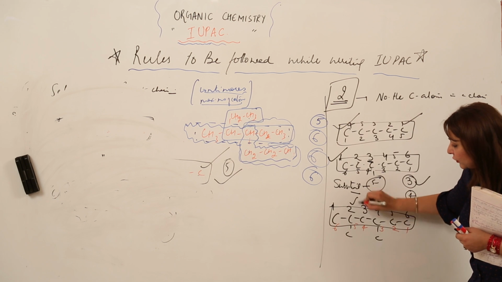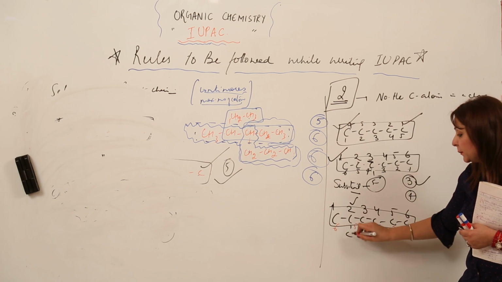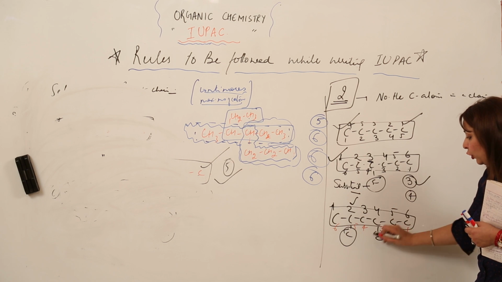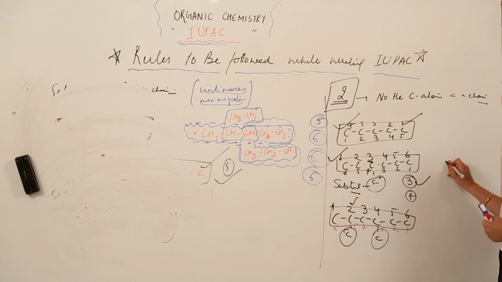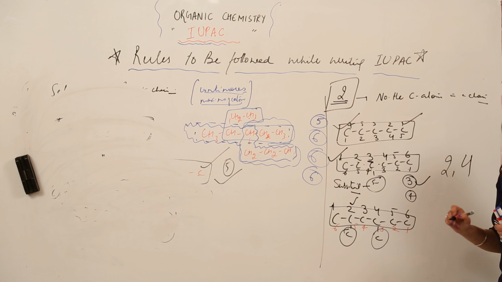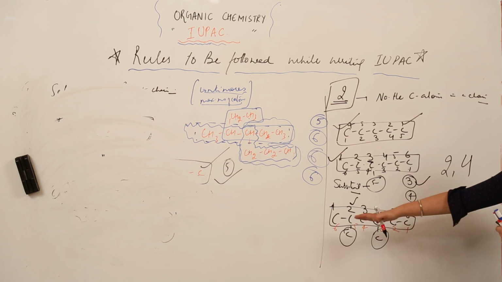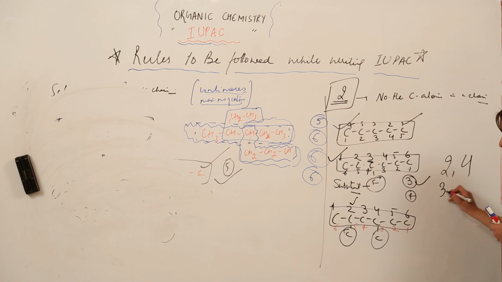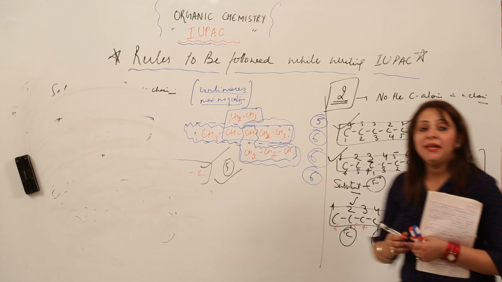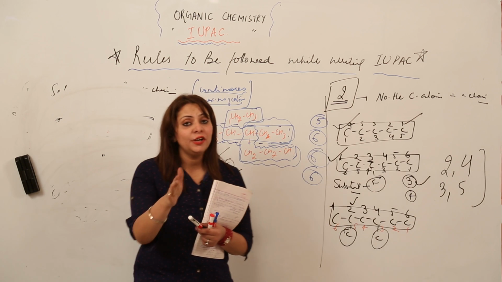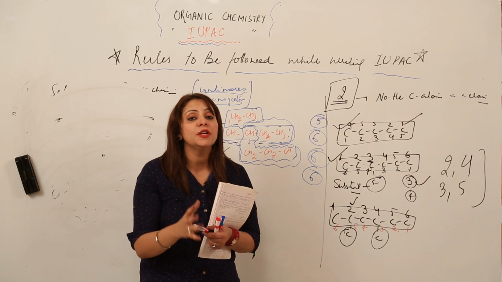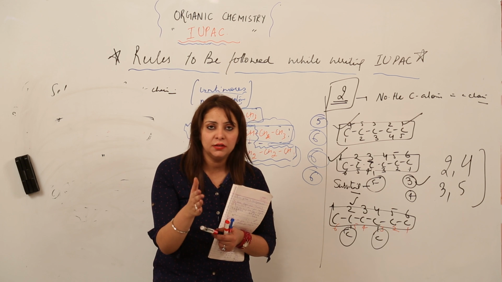In this, the substituent is attached to the position 2 carbon atom, and with 4 also a substituent is attached, meaning the positions are 2 and 4. But if I look at the numbering which I did with the red pen, they are getting 3 and 5. I told you that if substituents are present, we have to number so that the carbon atom gets the lowest number.